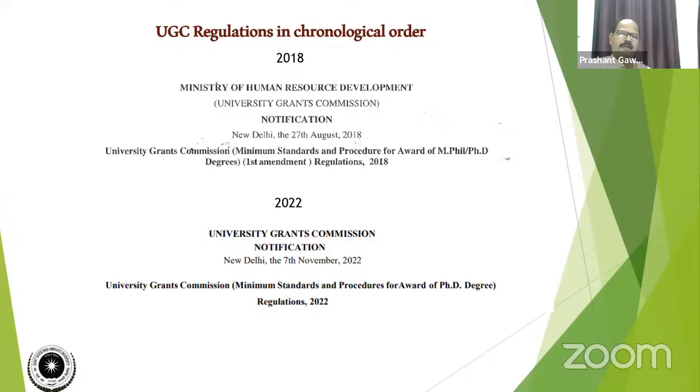One component related to research methodology and the other related to the subject-specific domain. Prior to that, no subject-specific domain was introduced. Later on, there was an incorporation of two different domains under these examinations. That's why this is quite an important notification.